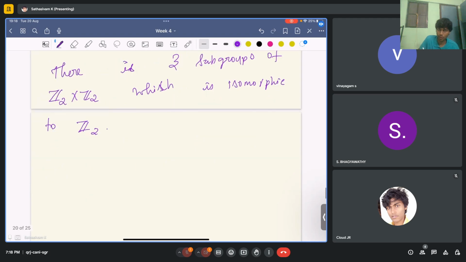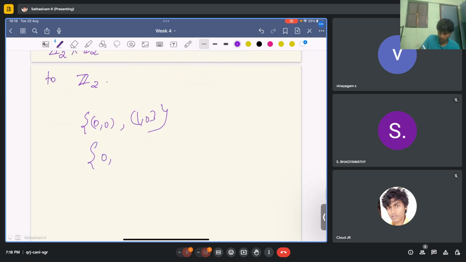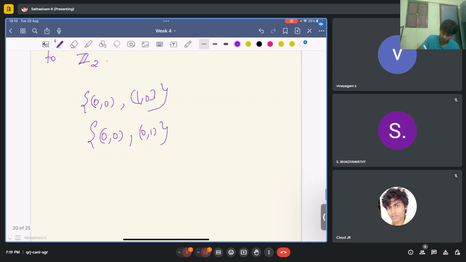So what are the subgroups? Look at this one, (0,0) and (1,0). Okay, this is one subgroup. Another one is (0,0) and (0,1). This is another subgroup. And the third one is (0,0) and (1,1). Okay, so there are three subgroups now. So these three subgroups give you three homomorphisms.